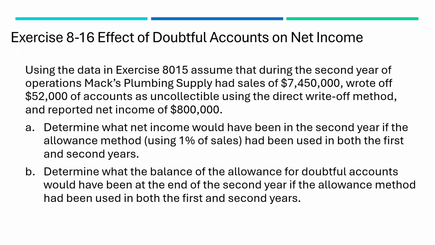And then under the next example, they had sales of 7,450,000. They wrote off 52,000 in accounts using the direct method, and then they had net income of 800,000.